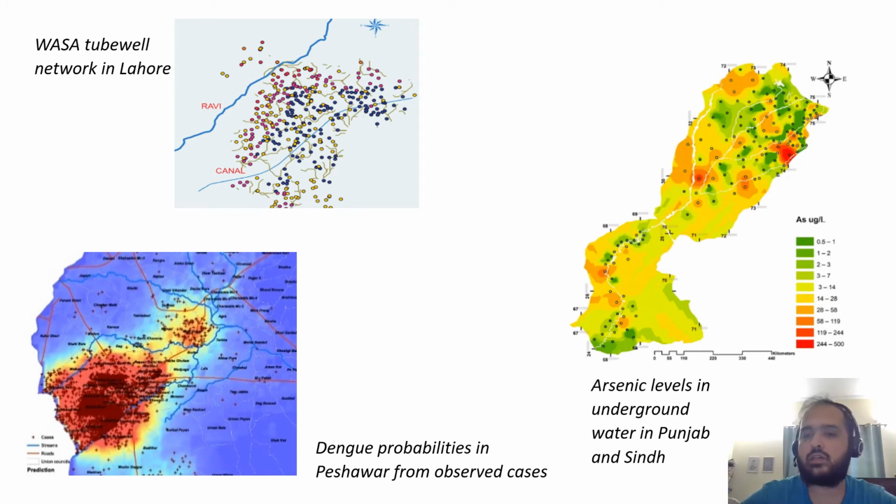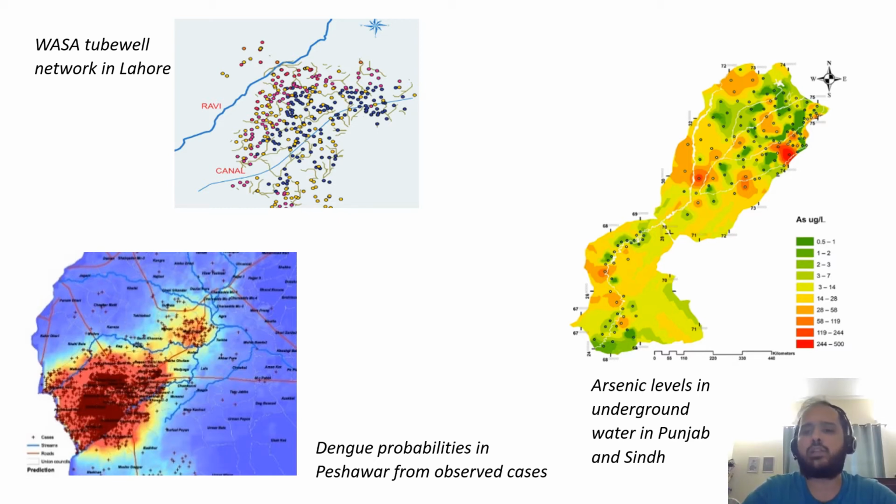Now in this figure, you have this map of arsenic levels in groundwater in Punjab and Sindh. And you can see that the measurements have been taken at these points that have been plotted here, but the arsenic levels have been shown for all of the points. In fact, it's like a continuous contour map.